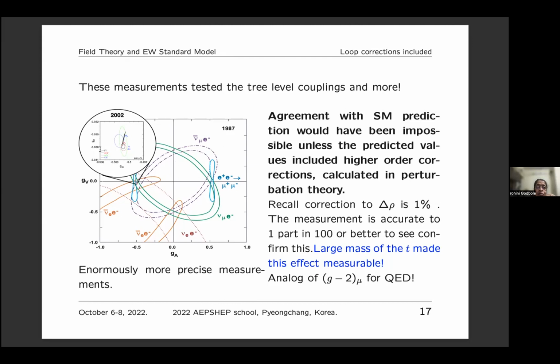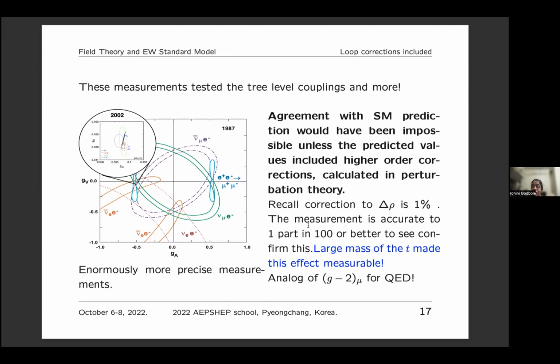This is 0.041, this is 0.038, this is 0.035. So you see it is drawn on an entirely different scale, and GV and GA have now been super accurately determined, and therefore the prediction of MZ and MW is now super accurate.